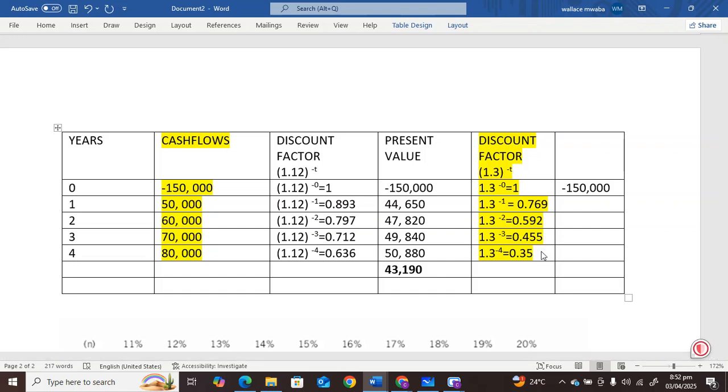Okay. So we start again. 50,000 times 0.769.